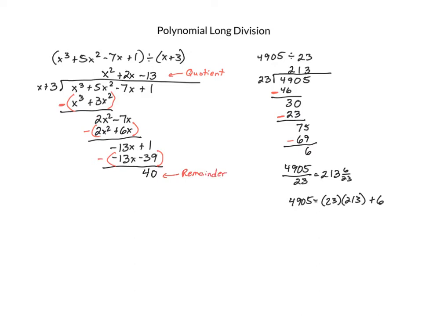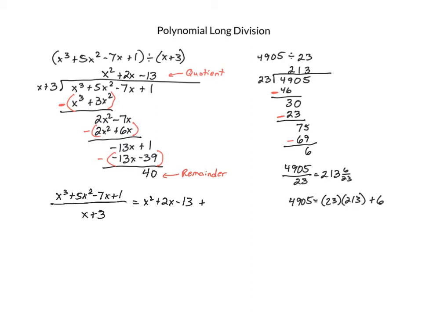But as with the arithmetic problem, we have a couple different ways to present our result. It depends on what you're being asked to do this division problem for. We could write the result this way, that x cubed plus 5x squared minus 7x plus 1 divided by x plus 3 is equal to the quotient, x squared plus 2x minus 13, with the remainder over the divisor.